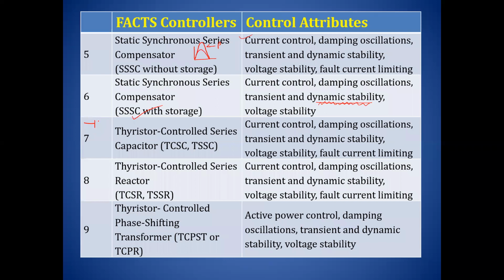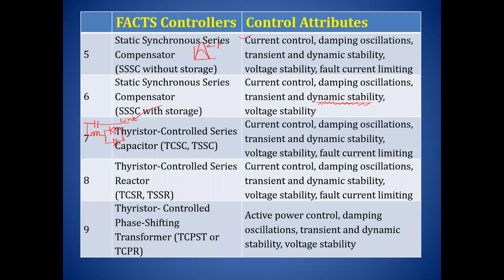This is the line, and in series with the line we have connected a capacitor, but the capacitor is controlled. Its effective value is controlled with the help of a Thyristor control reactor.